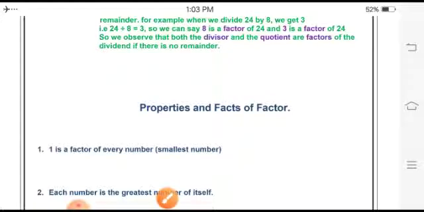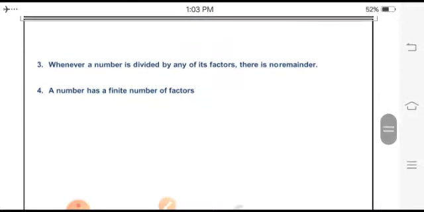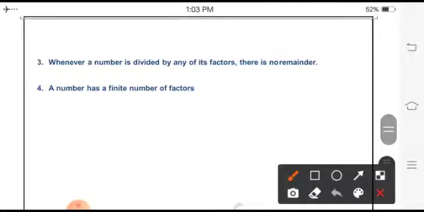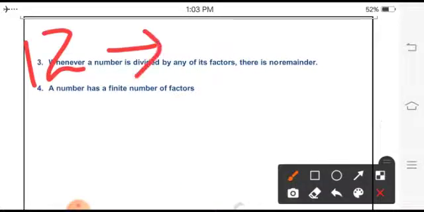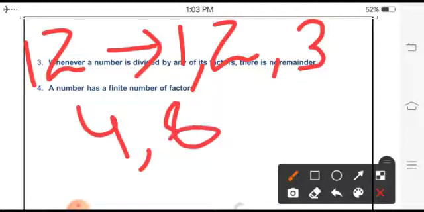So 1 is a factor of every number, and in fact 1 is the smallest factor of every number, and each number is the greatest factor of itself. Say, for example, if we find factors of 12, I need to check in which table 12 exists. 12 exists in the table of 1, of 2, of 3, of 4, it does not exist in the table of 5, it exists in the table of 6, and then it exists in the table of 12.